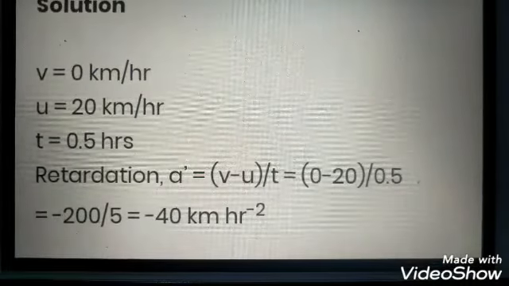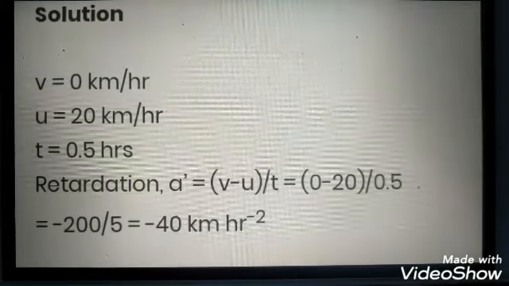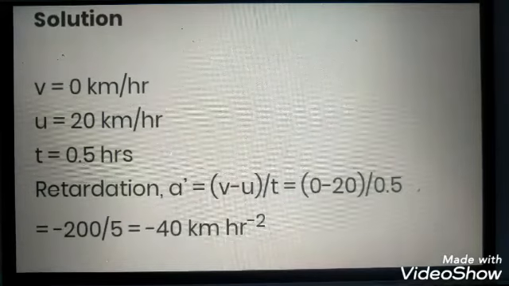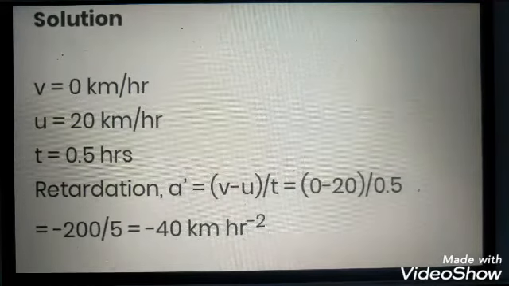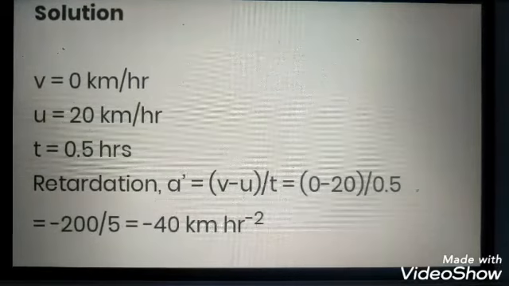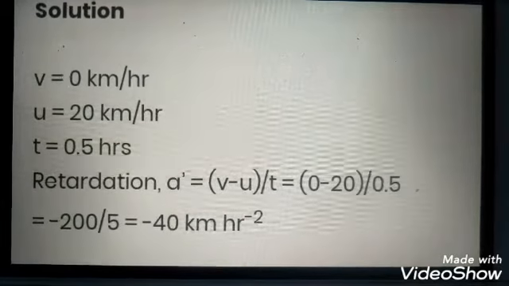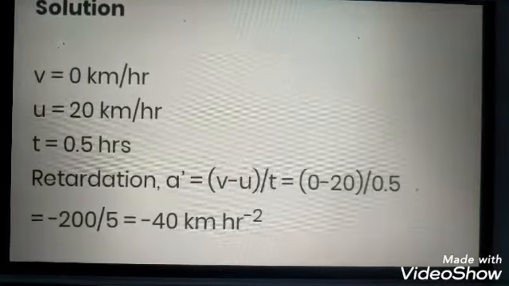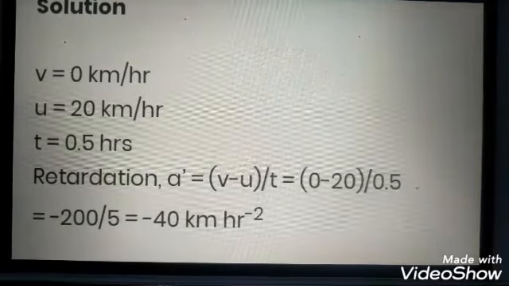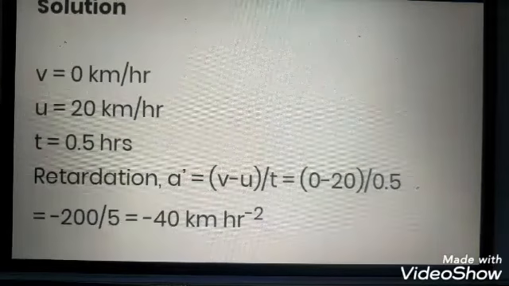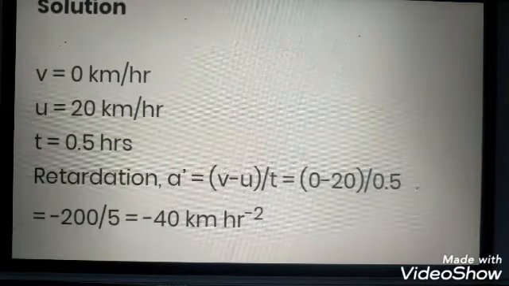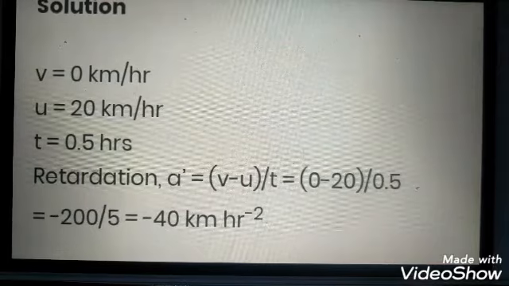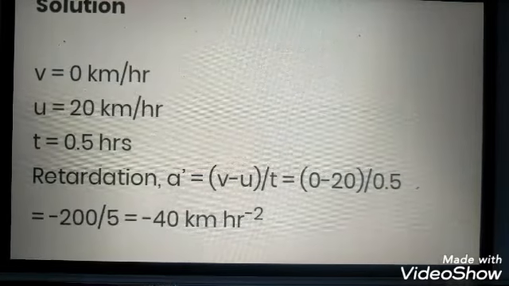So removing the point from the denominator and putting 0 in the numerator, we will get minus 200 by 5, which is equal to minus 40 kilometer per hour square. So minus sign indicates that it is retardation.